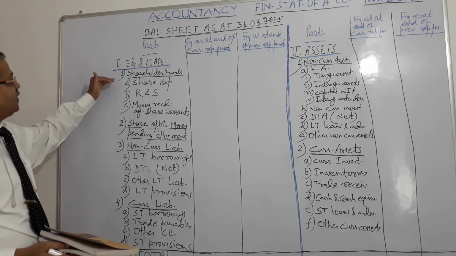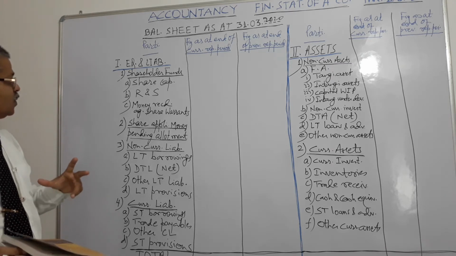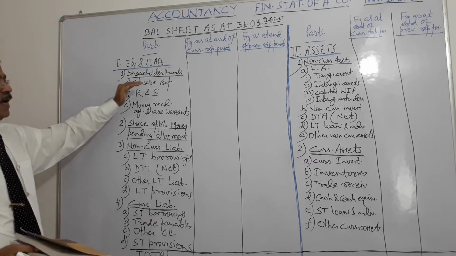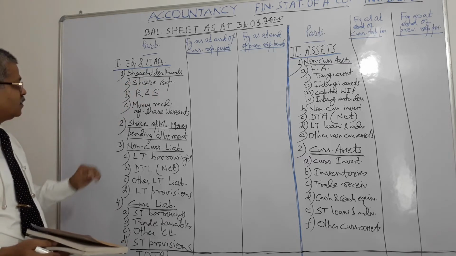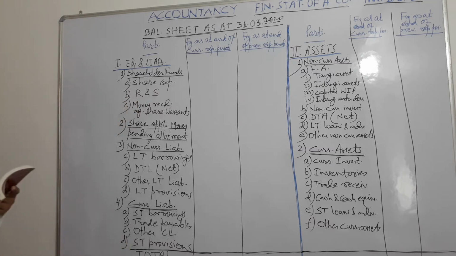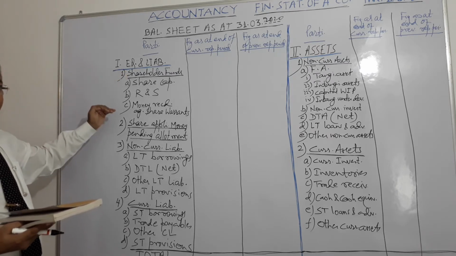First head is shareholder funds. It constitutes three major items: share capital, reserves and surplus, money received against share warrants, right? So shareholder funds, three subheads.